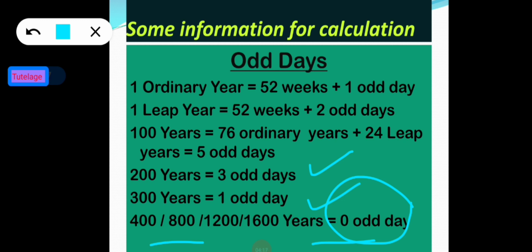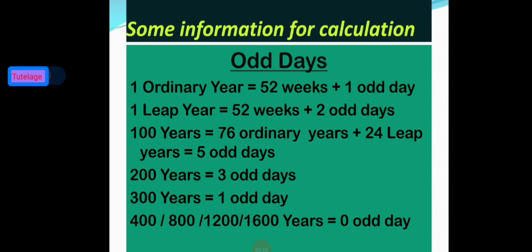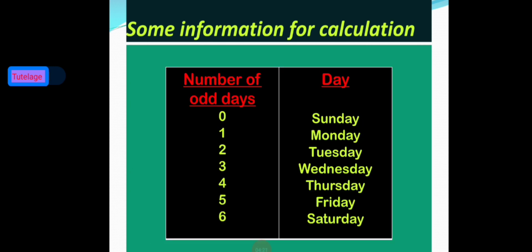Now going to the next slide, and here we can see some more information needed for calendar series problems. We have already covered 0 odd days, 1 odd day, 2, 3, 4, and 5 odd days.